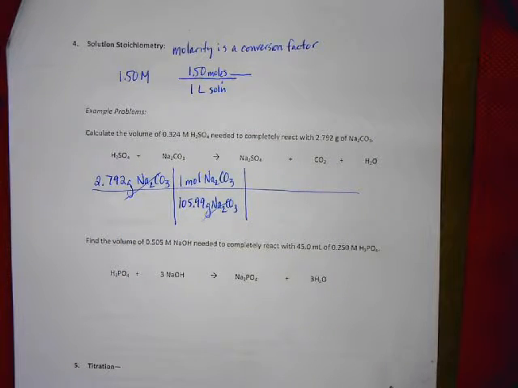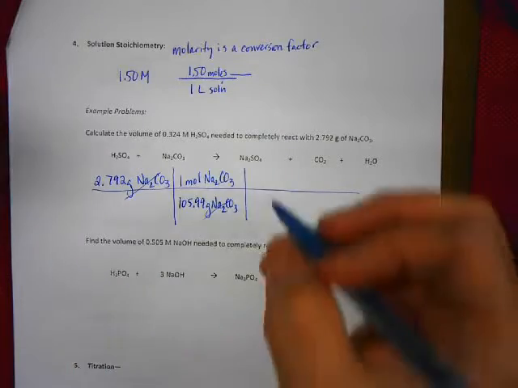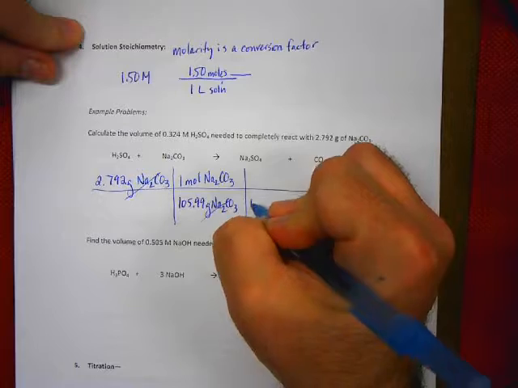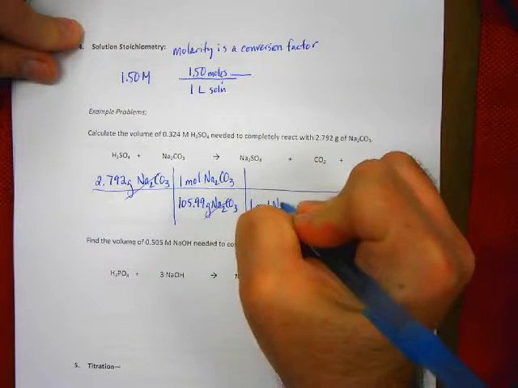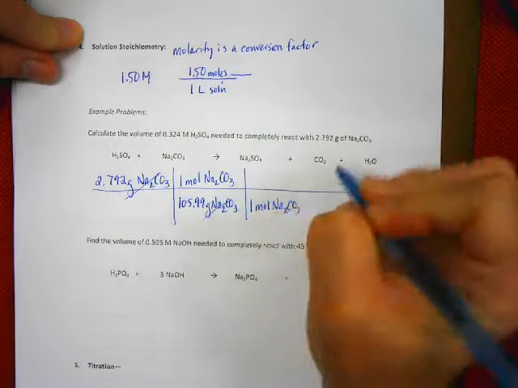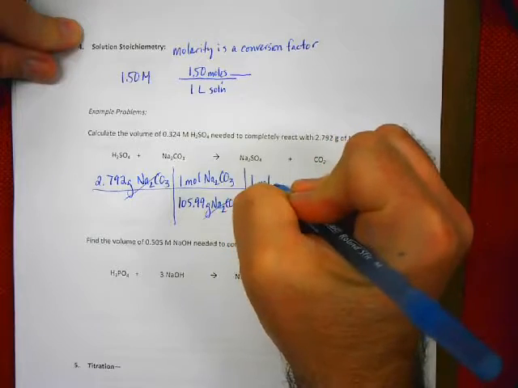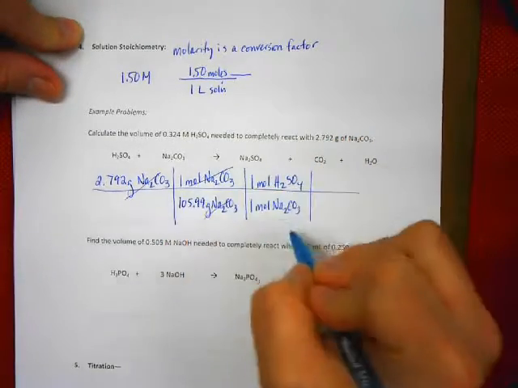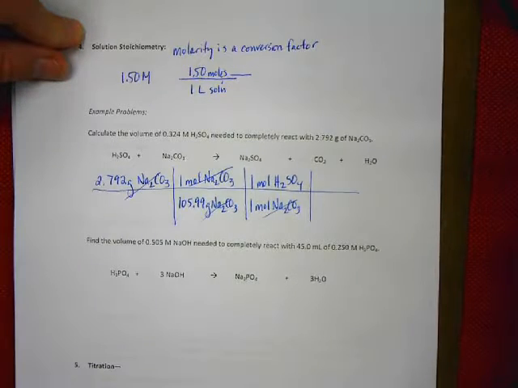Well, it's the same thing as if this was a mass-to-mass problem. To go from moles of one thing to moles of another, we have to use our balanced chemical equation and the coefficients. Everything is in a 1-to-1 ratio. We want to get rid of moles of Na2CO3, so I'm going to put 1 mole of Na2CO3 on the bottom and 1 mole of H2SO4 on top. That allows me to cross off moles of Na2CO3.